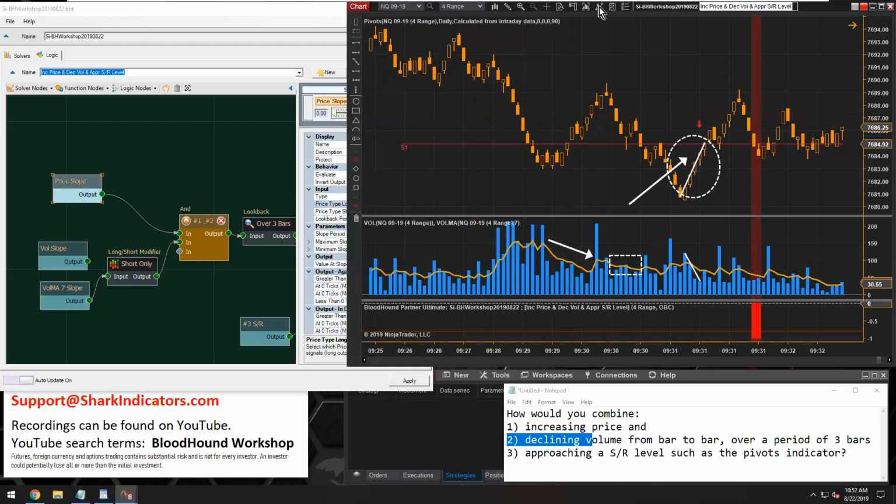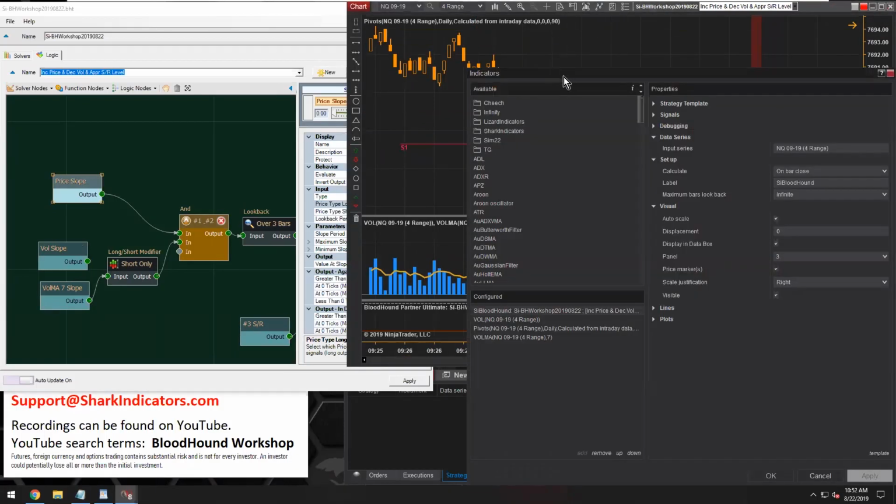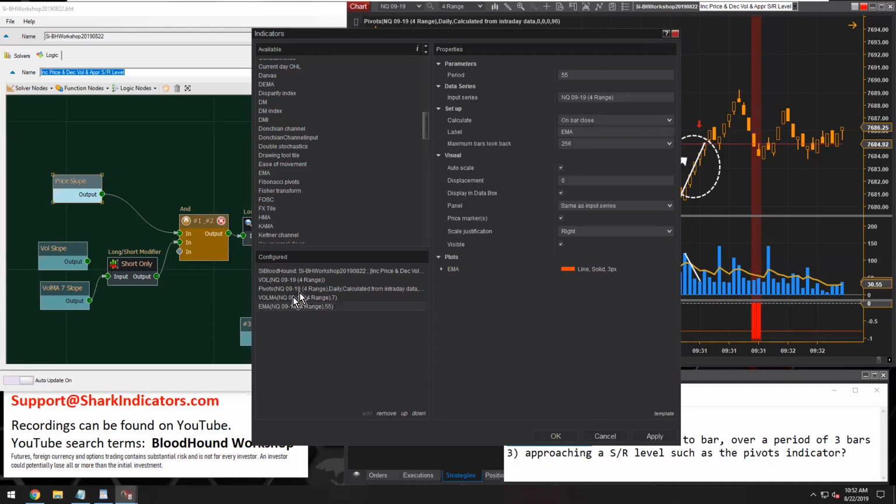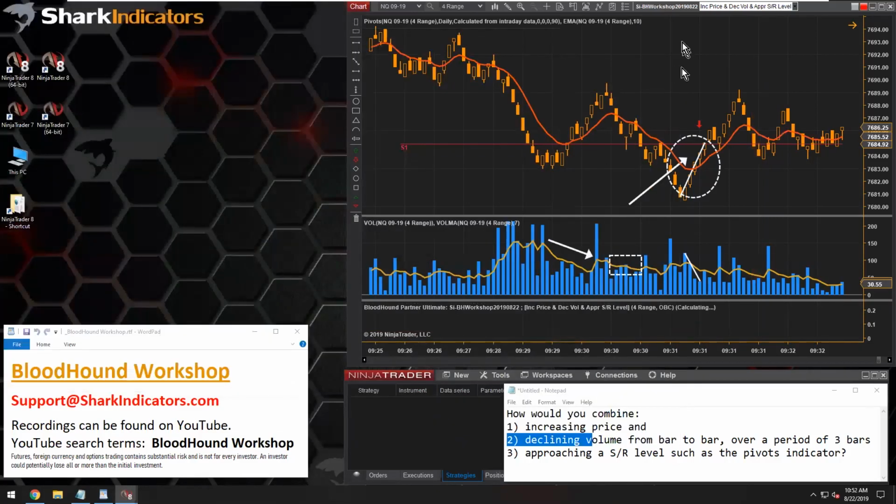So let's throw in an EMA, and hopefully a 10 period is fast enough. We'll take a look here.